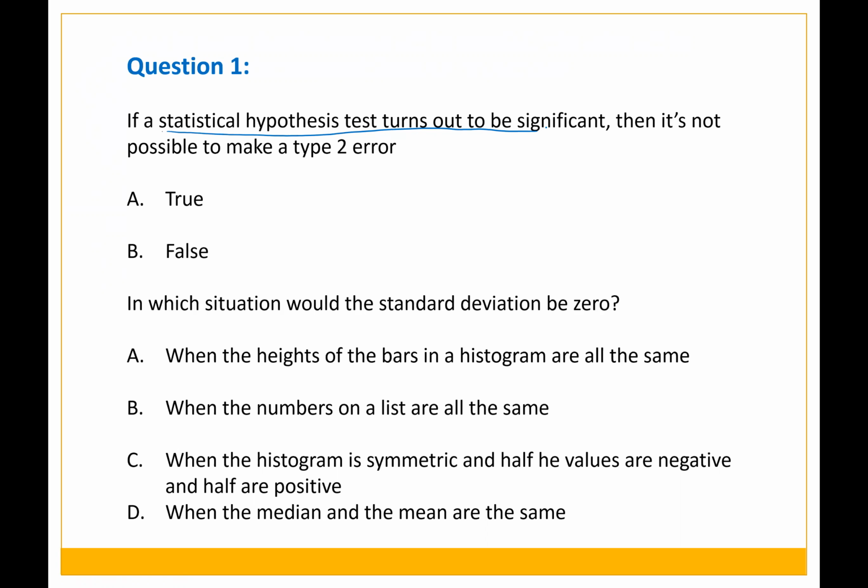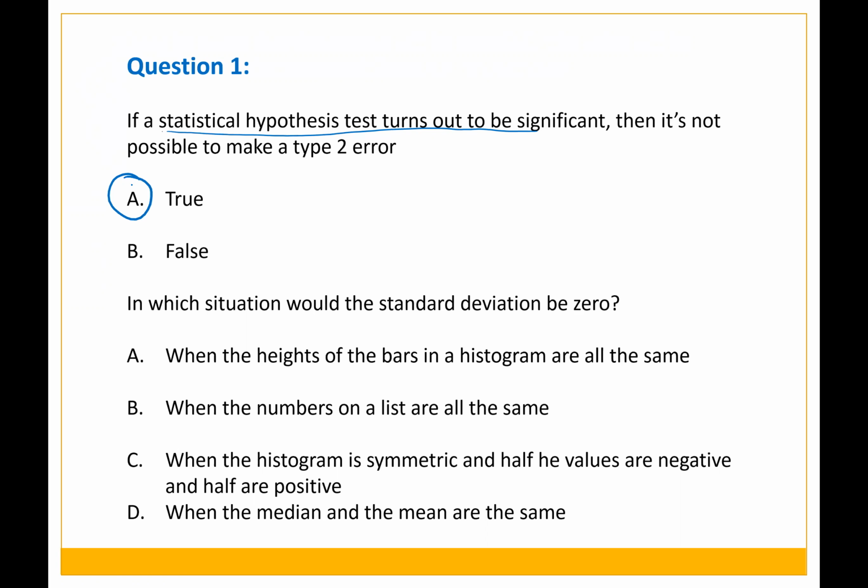And so the answer is going to be true, because when you already conclude that a test is significant, you cannot make the mistake of missing that conclusion. This question reminds us what a type 2 error is, and relates it to the conclusion of the statistical test.